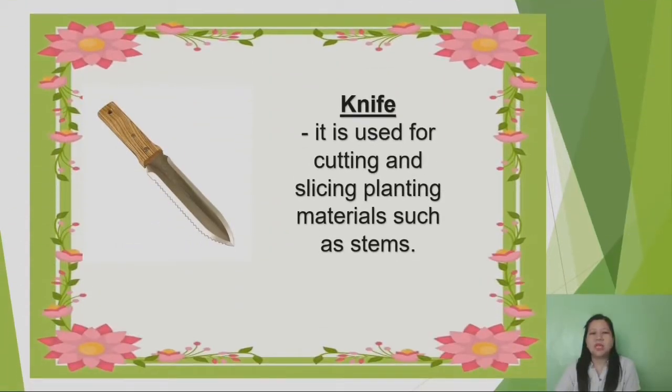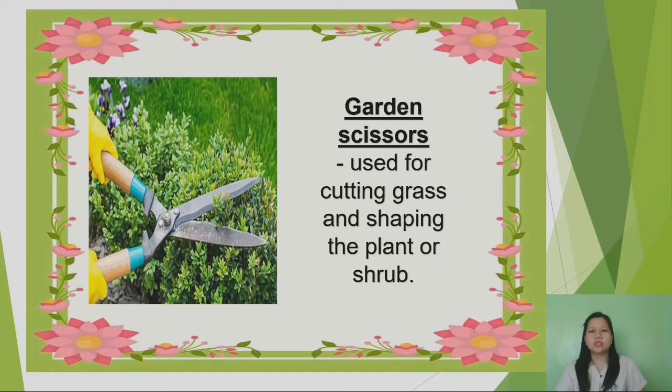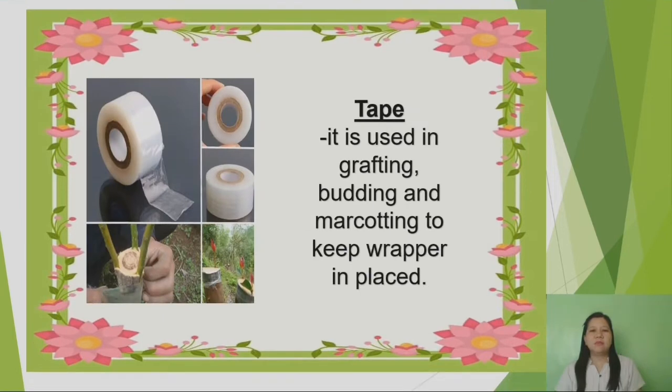Knife. It is used for cutting and slicing planting materials such as stems. Garden scissors. Used for cutting grass and shaping the plant or shrub. Tape. It is used in grafting, budding, and marcotting to keep the wrapper in place.